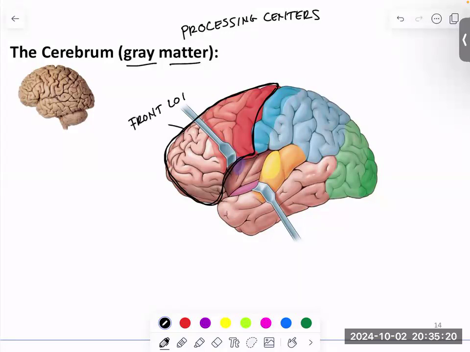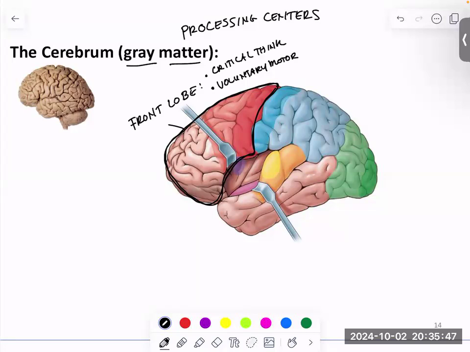Your frontal lobe does a lot. Critical thinking, planning, how to respond to things, problem solving, voluntary motor. You're going to read about it.